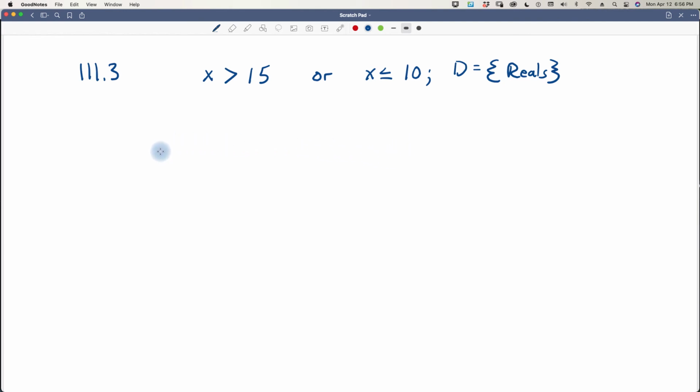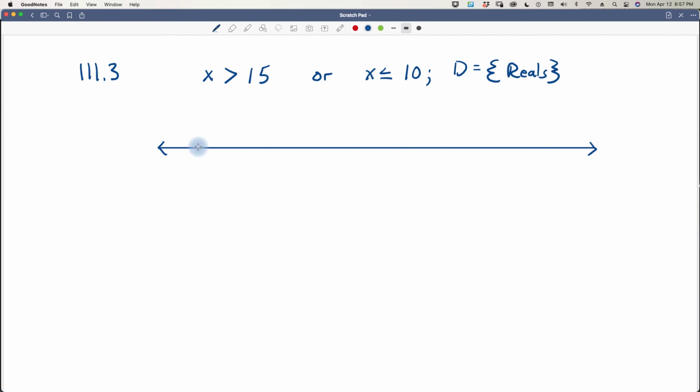So let's go ahead and draw our number line. Get our little arrows in here. And we'll get our 0, 1, 2, 3, 4. Ooh, that's pretty bad. That's not good spacing at all, is it? No. All right, 3, 4, 5, 6, 7, 8. Actually, I'm going to move this all down.